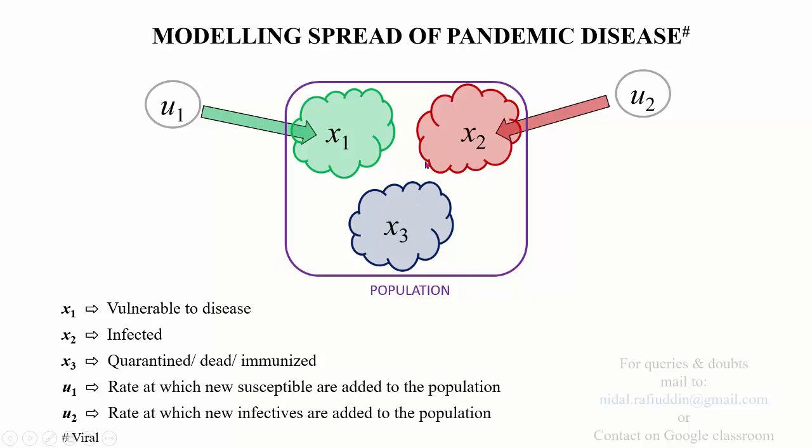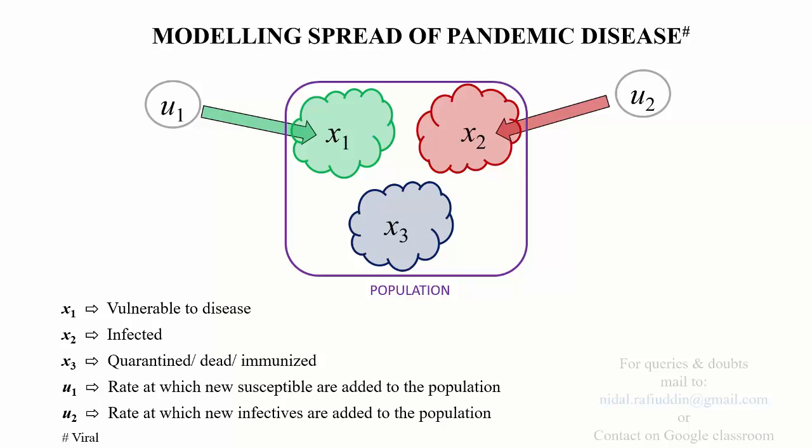This system can be represented in the form of state models, and in fact this is not only applicable to pandemic disease, since you can see that it's written viral. Any sort of viral disease that spreads within a country or within a population can be represented by this model.